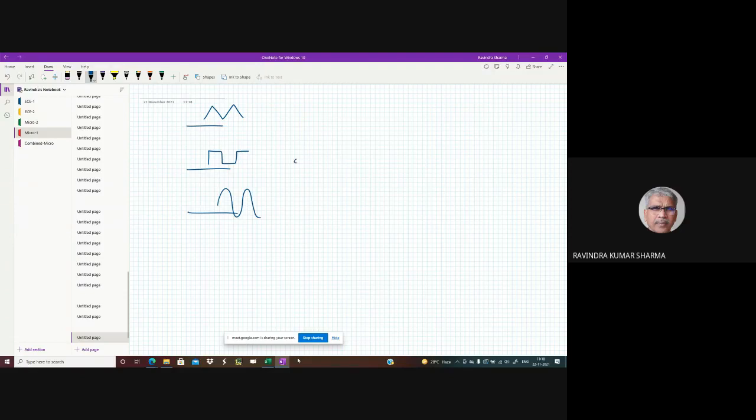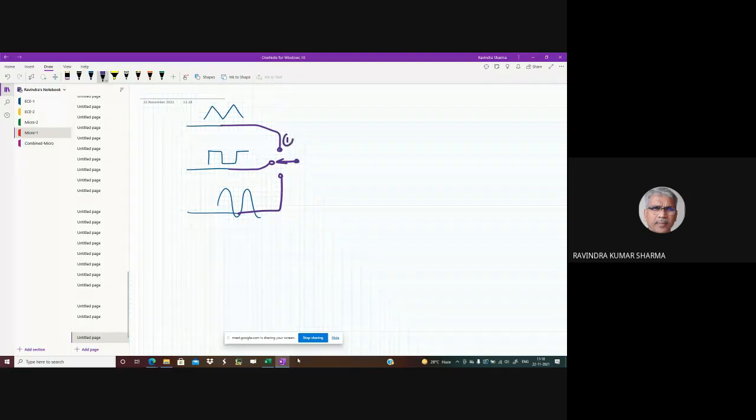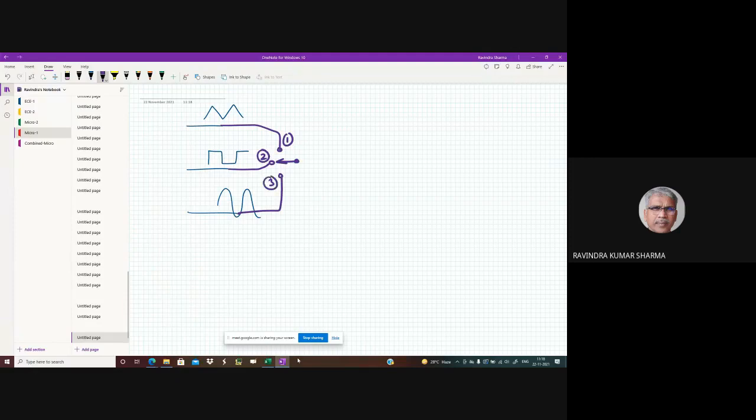Now here you can have another switch which is called the function selector switch. It has three positions, right? When this is in position 1, you will get triangular wave. If it is in position 2, you will get square wave. Position 3 gives you sine wave.